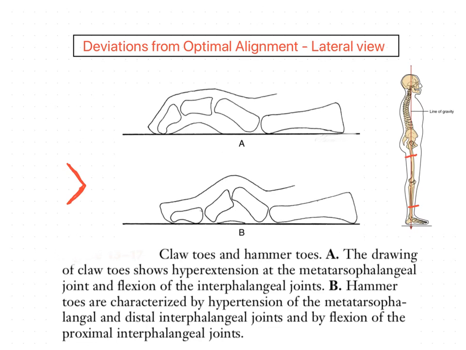Then it loses the sarcomeres present on the posterior aspect, and thus the abnormal posture also prevents the full range of motion from taking place.